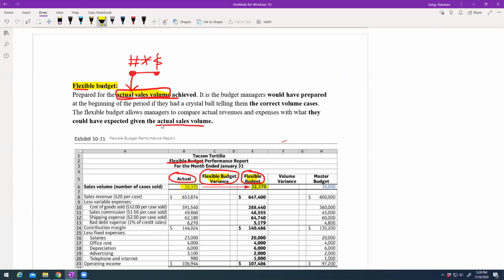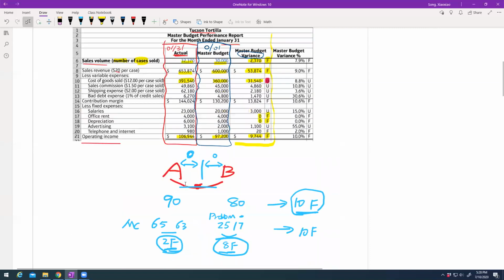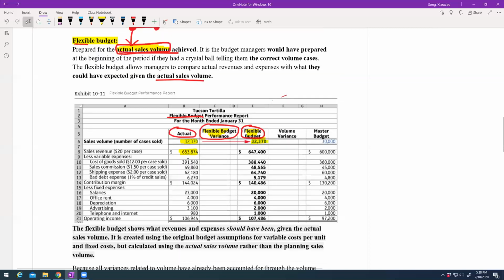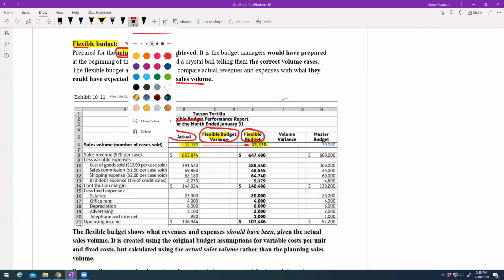You know the actual is 653,874. How do you know? The question already told you, so we just copy the actual to this actual. And for our flexible budget, what do we use?